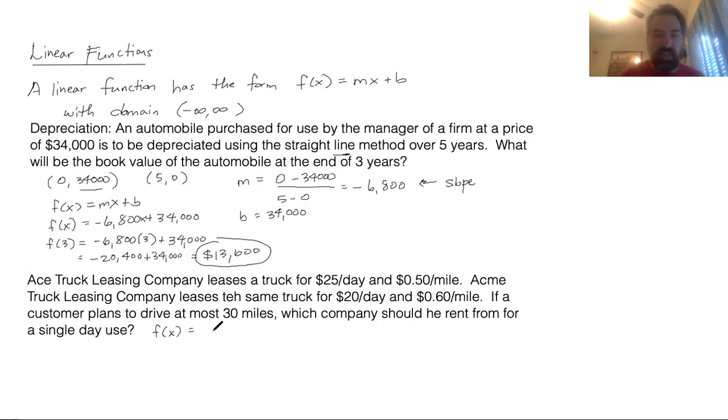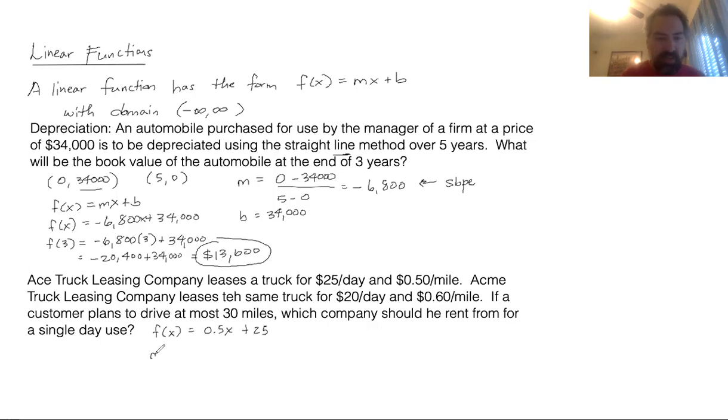So this 50 cents, that is the slope, and x being the number of miles that we're driving. We can determine how much will be charged by multiplying the number of miles times the 50 cents, and then we'll need to add that $25 at the end, because even if we drive 0 miles, it's going to cost us $25 for that 1 day, okay?